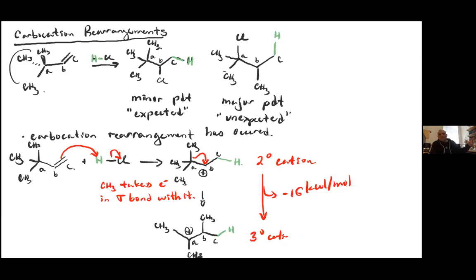The corollary to that is that it doesn't happen in the other direction, at least not synthetically. There are enzymatic systems that can overcome these sort of parent rules of thermodynamics. But for our purposes, you don't run these types of migrations in the other direction. You don't go from tertiary to secondary, because that is going from a more stable to a less stable cation.